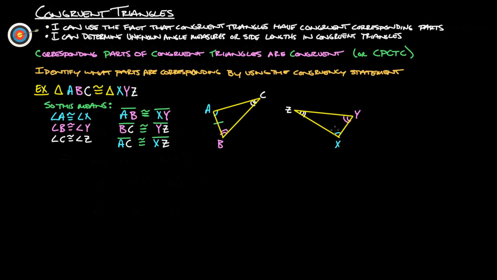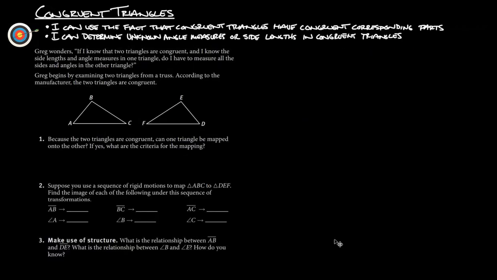So this here is congruent to this. We know that BC is congruent to YZ. So BC, this one here, is congruent to YZ, this one here. And then by default, the last one, AC, is congruent to XZ. Okay? All right.